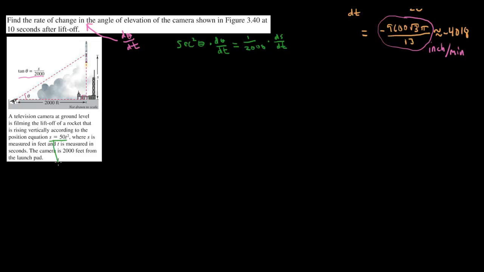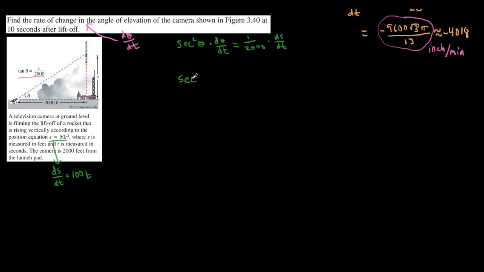ds dt is just the derivative of that. ds dt is what? 100t. That's easy enough. We took the derivative of a t term with respect to t, so that's just business as usual, 100t. So let's go over here. We could say that secant squared theta d theta, actually, let's go ahead and solve that for d theta dt.